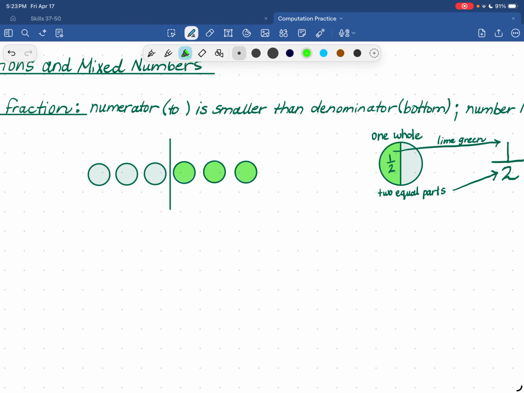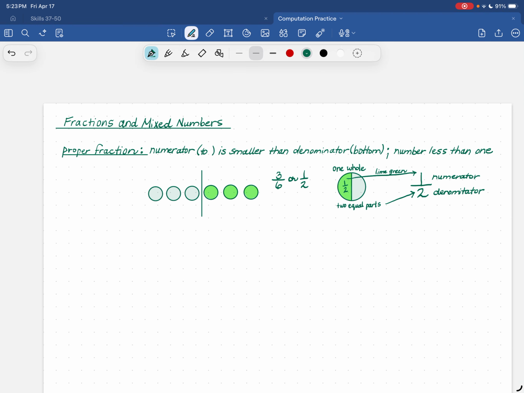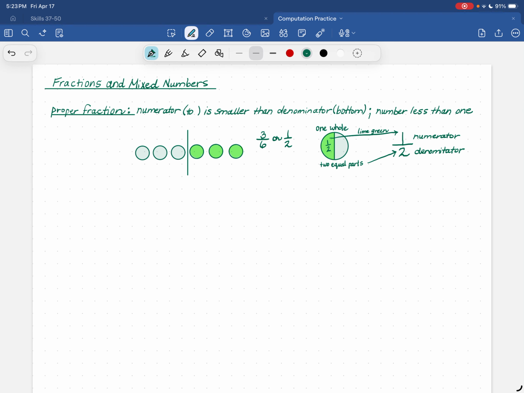You actually ate 3 out of 6, or you could say that you ate 1/2 of them. So you could use the fraction 3 out of 6, or you could talk about the picture itself would be a half. And we'll get into how those two things are equal a little bit later on. But those are still proper fractions because that top number is smaller than the bottom number.